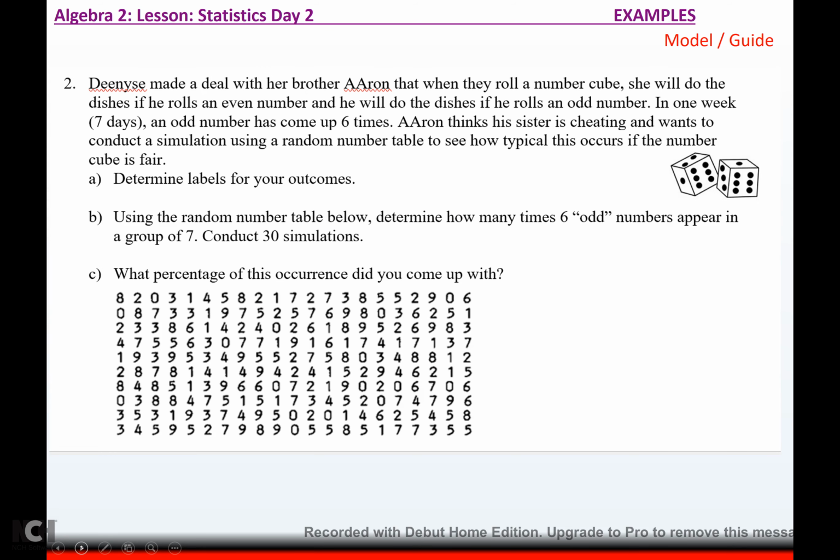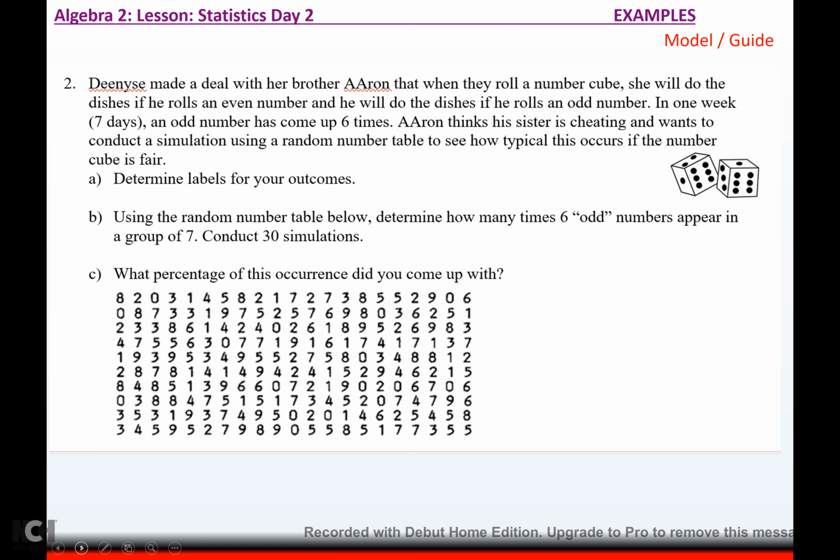Alright. So it says Denise made a deal with her brother, Aaron, that when they roll a number cube, she will do the dishes if he rolls an even number, and he will do the dishes if he rolls an odd number. In 1 week, 7 days, an odd number has come up 6 times. Aaron thinks his sister is cheating and wants to conduct a simulation using a random number table to see how typical this is if the number cube is fair.